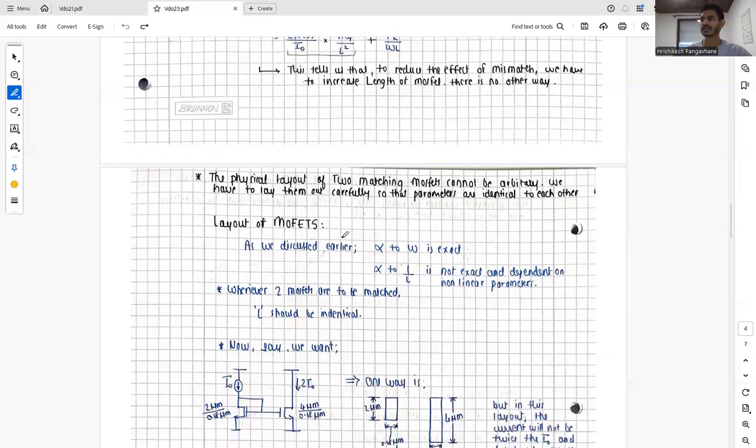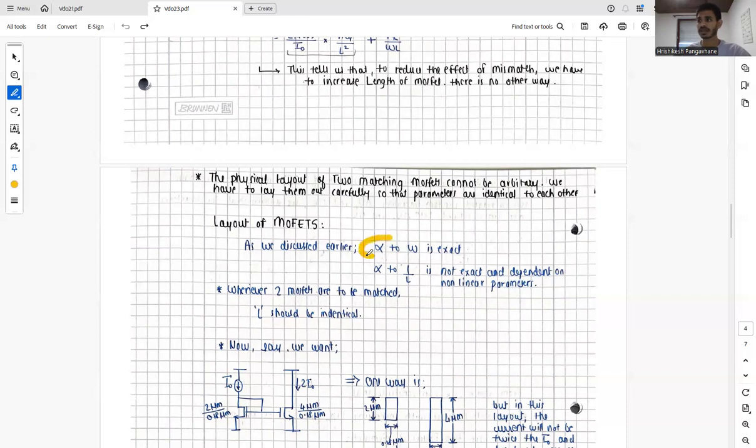Now, as we discussed earlier, the current is directly proportional to the width, and it is exact. But the current is inversely proportional to 1 by L, and it is not exact, and it is dependent on some non-linear parameters.